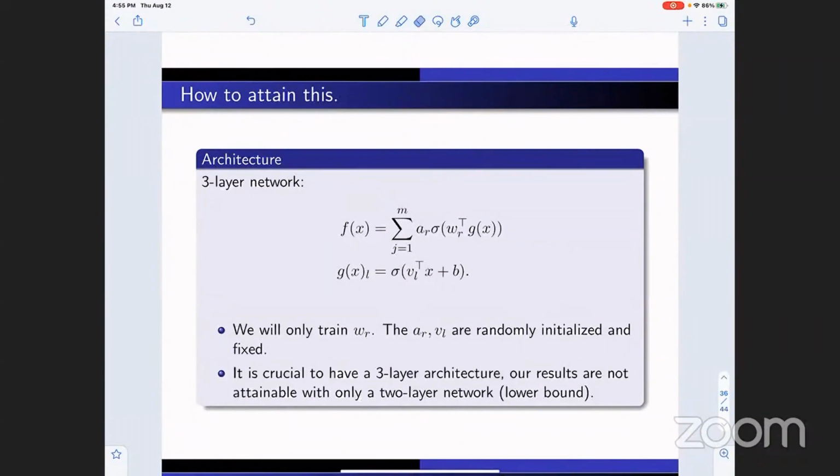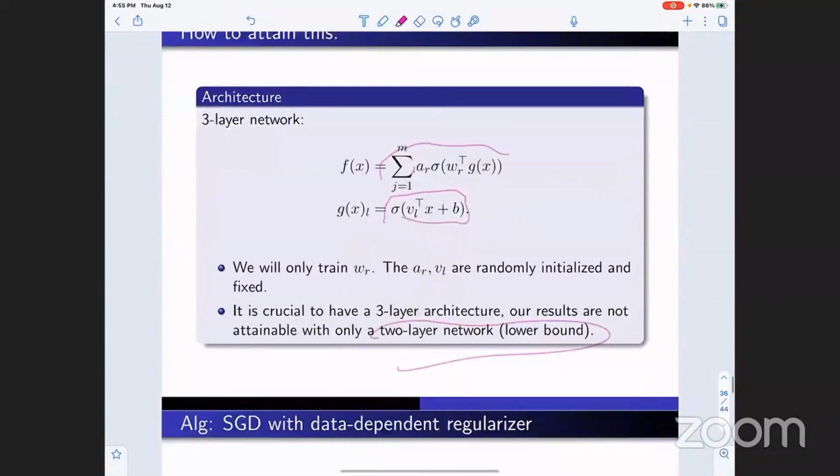You can train them, but we don't know how to prove training them helps. But we do need them at random initialization. There's a lower bound if you only have a 2-layer network, although it's not a very strong lower bound, so I won't even discuss it. But as far as I know, a 3-layer network is essential. You want to build a sort of quadratic random feature set on top of a ReLU random feature set.